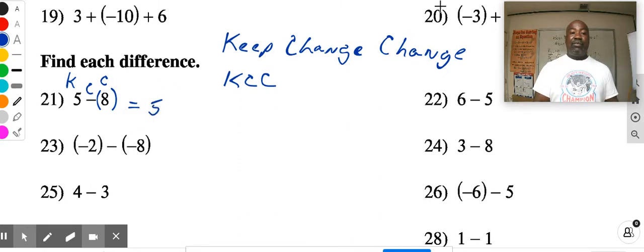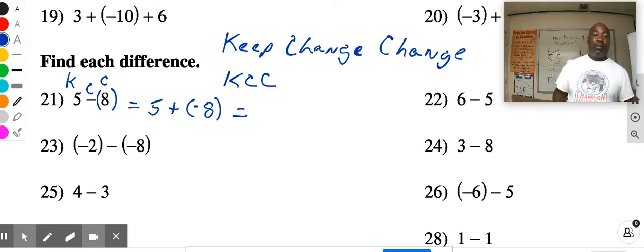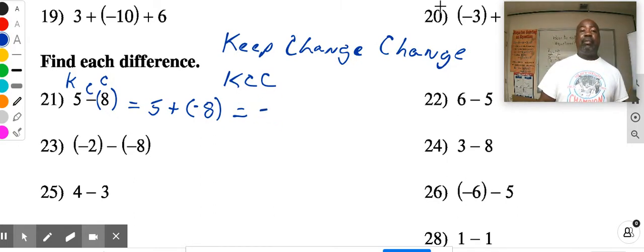We're going to change the sign from subtraction to addition. And now we're going to change the sign in here to a subtraction. Now you're going to revert back to the addition, and we have a negative 8 here. So the sign here is going to be negative, and negative 8 plus positive 5 is just negative 3.